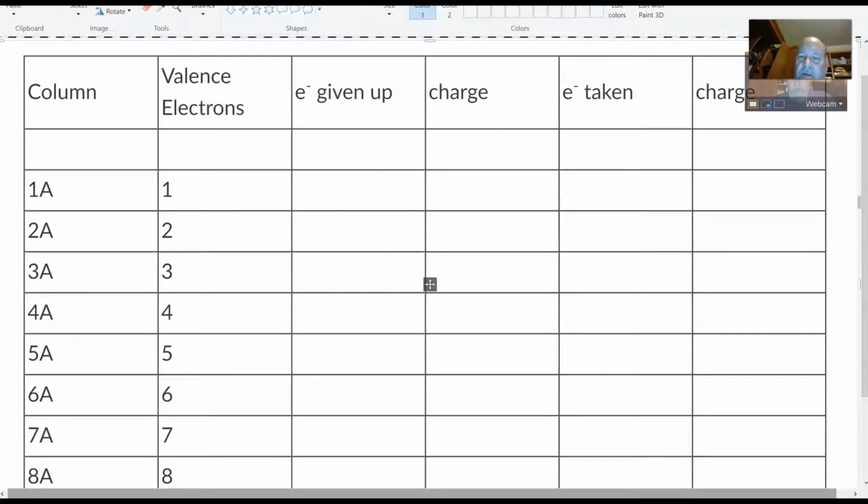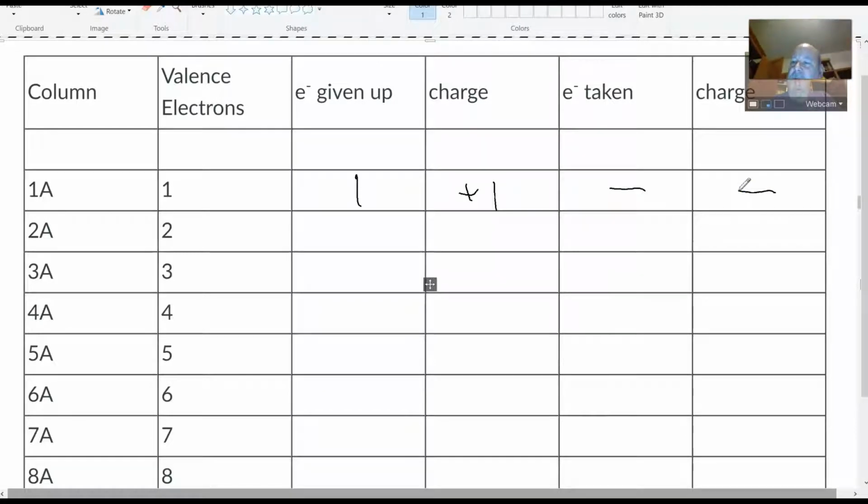So if I have 1 valence electron to give up, that's how many I give up. 1 valence electron. And as we've already said, that means I have a +1 charge. Okay. Now, in column 1, I don't have any nonmetals, so there aren't any elements that are going to take electrons in column 1, so I'm just going to put a dash through that.